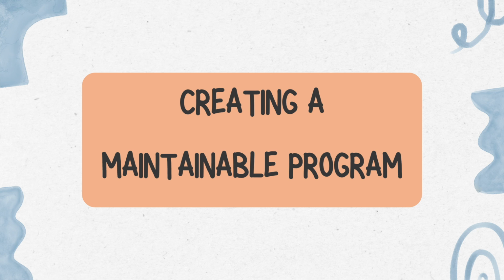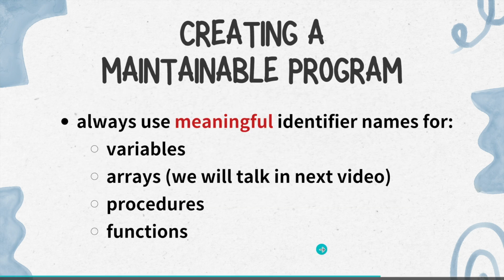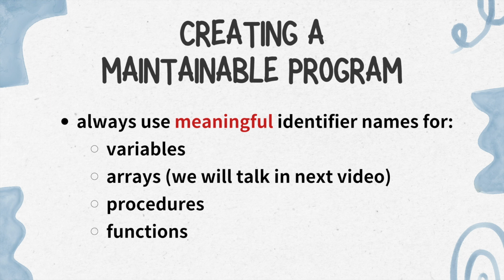Finally, in the last part of this video, we will focus on how to create a maintainable program. Have you noticed that in the previous programming practice, when naming variables, arrays, procedures, and functions, we use meaningful words to represent them? We will talk about arrays in the next video.